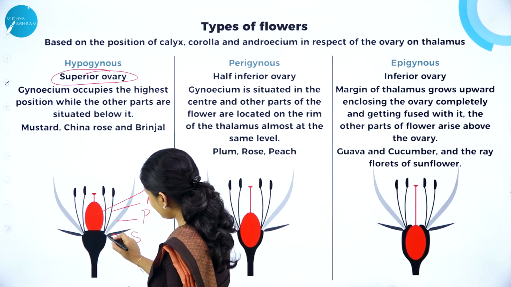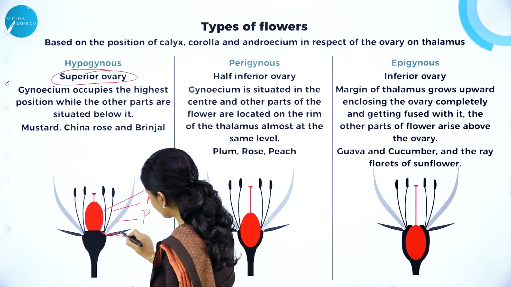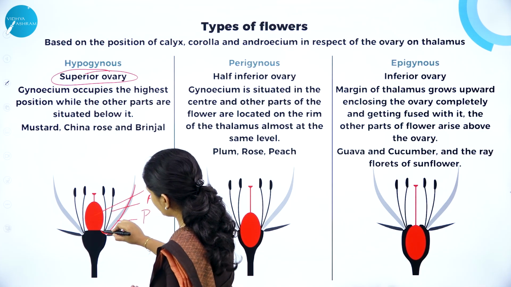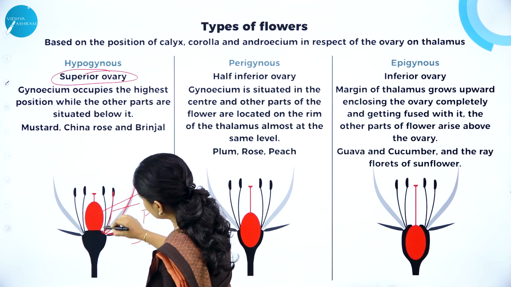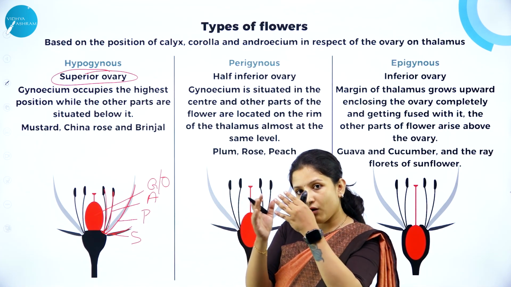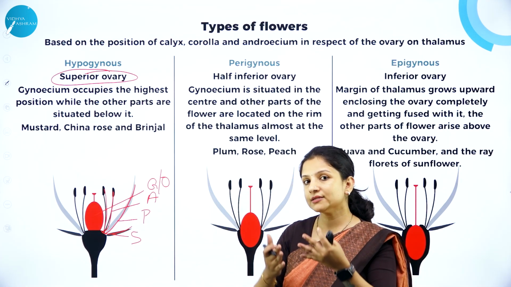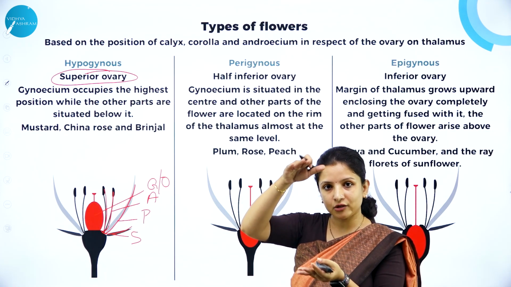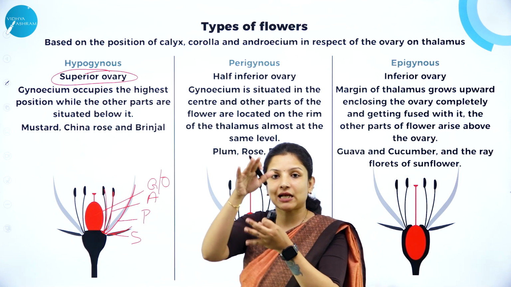So here the sepal arises from the base of the ovary, if you see here, and the petal also arises from the base of the ovary. The stamens also arise from the base of the ovary. So when all the whorls are arising from the base of the ovary, obviously the ovary will be at the top position. It is just like stacking books.